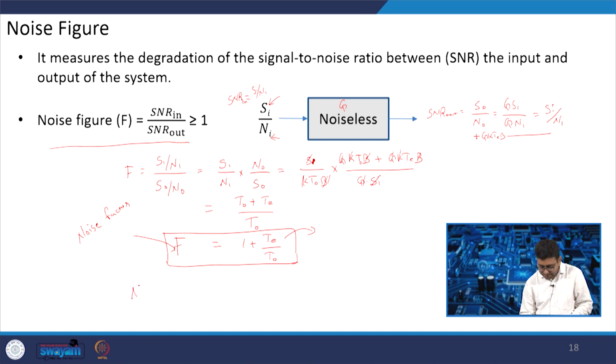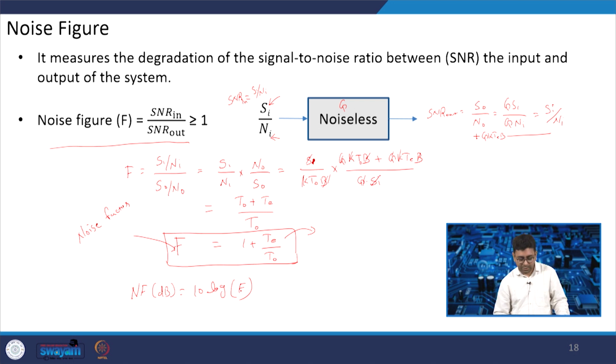Noise figure is in dB, which is equal to 10 log of F. Noise figure is generally defined in dB, and 10 log of the noise factor is the noise figure. This is the basic idea behind noise figure.